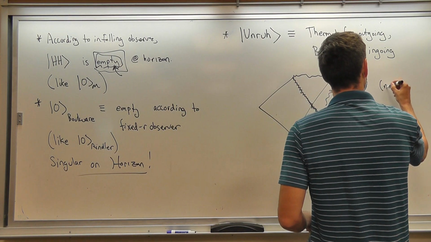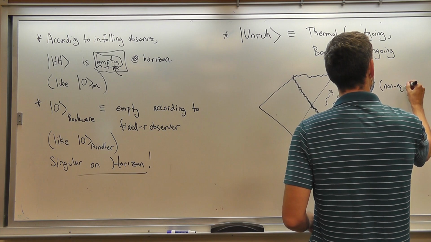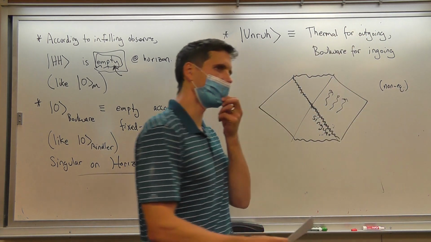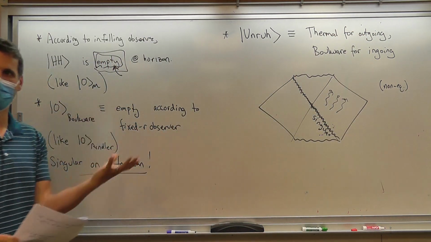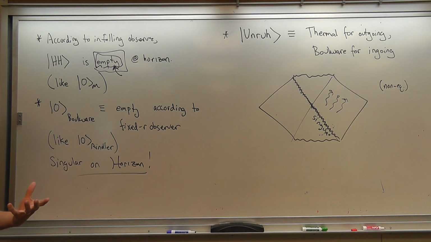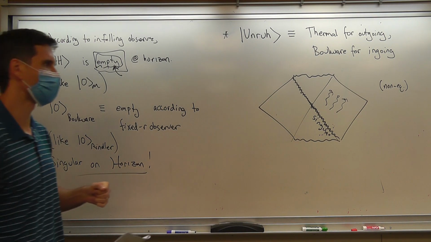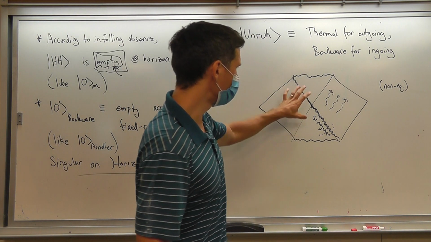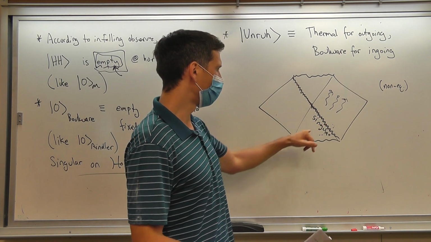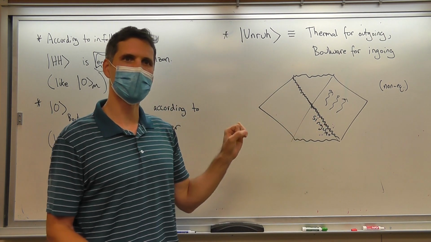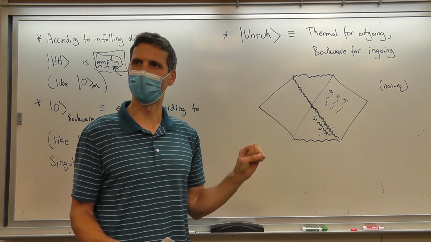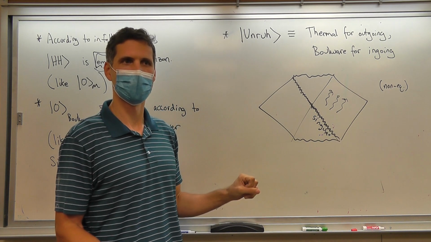This is not an equilibrium state. If we allow gravity to be turned on here, this black hole would evaporate because it's losing energy into the Hawking radiation. And it's got this weird singularity. The reason that this is an interesting state is because this is actually the state that you get when black holes form by collapse.